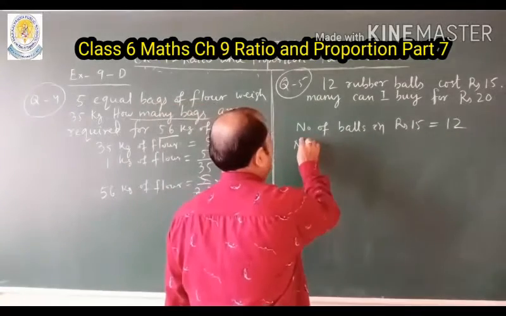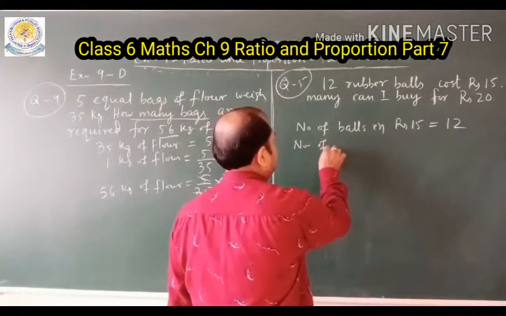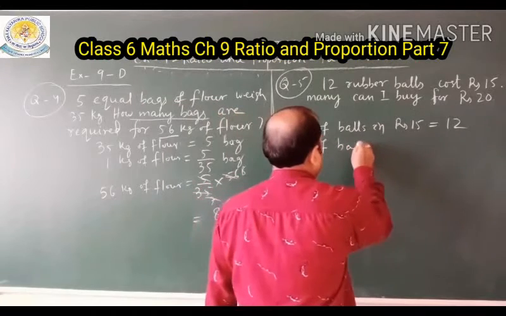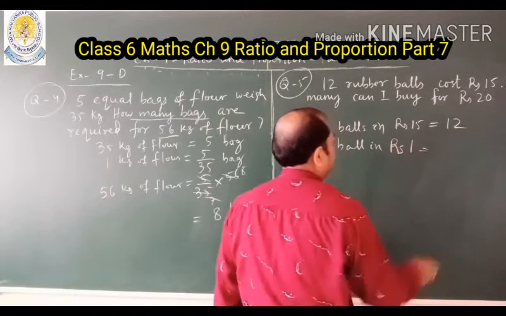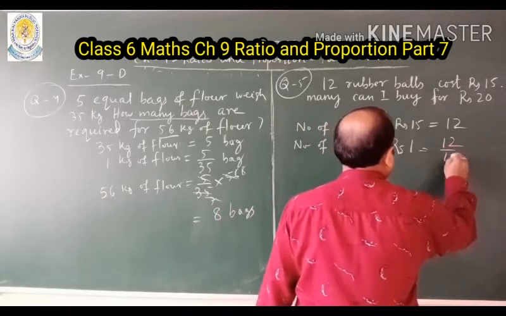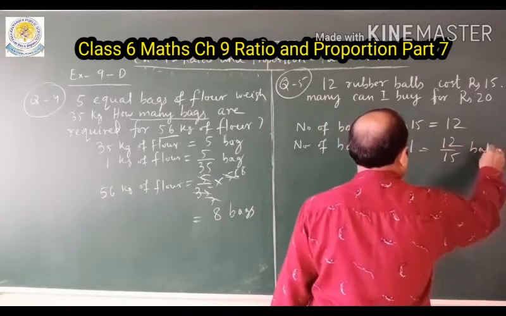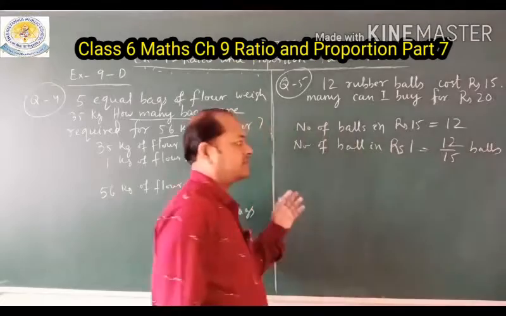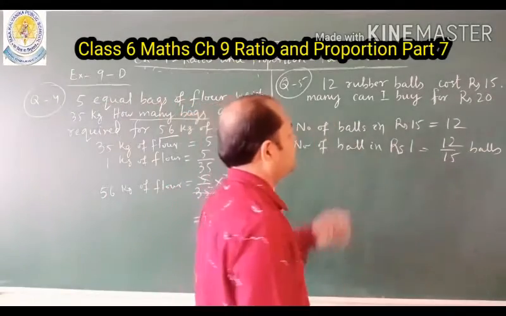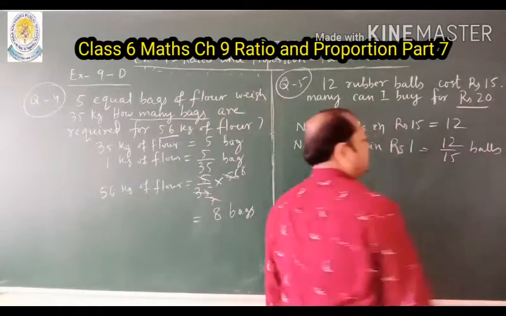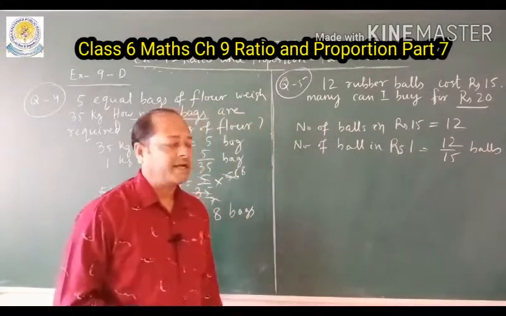So in the unitary method, number of balls in rupees 1, how much? 12 by 15 balls. So in 1 rupee you will get 12 upon 15 balls. So what is the question asking? In rupees 20, how many balls will you get?